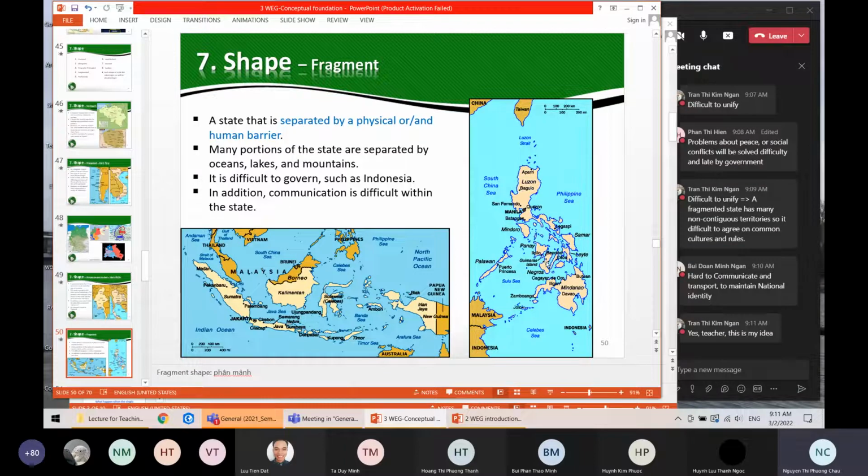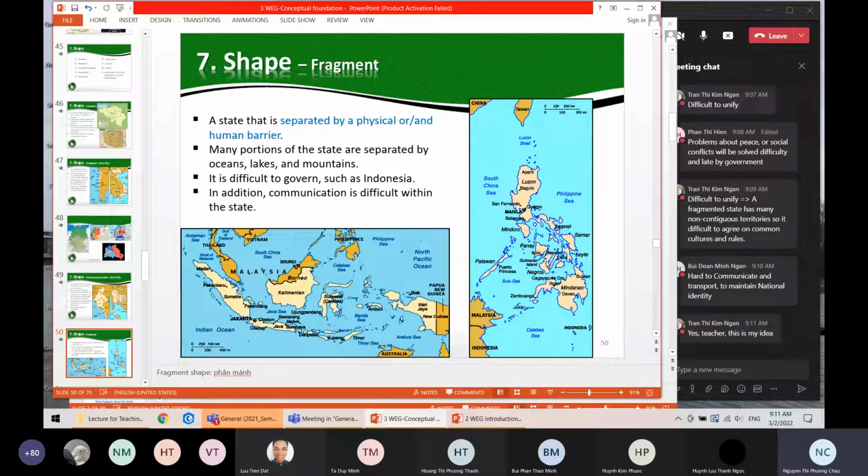Yeah. From Minh Ngân, yes, hard to communicate and transport, and hard to maintain national identity. Yeah, maintain national identity. What is it? Yes, Kim Ngân mentioned that.